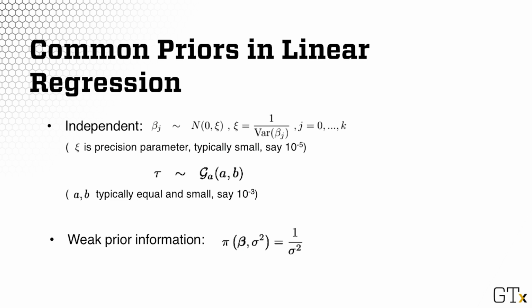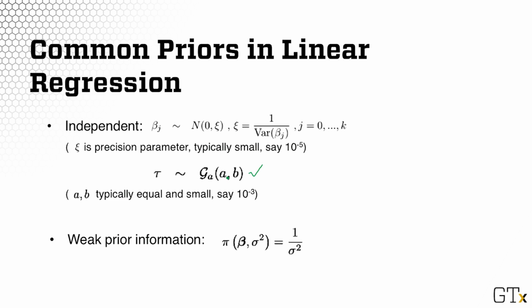One way to put priors is simply to take independent priors on all betas, beta 0, beta 1, up to beta k, p of those, and simply have these precisions be really small. And tau, which is the precision parameter of the observation, is usually taken to be gamma with non-informative selection of A and B. So this is the traditional way to do it: independent normal priors on betas and a gamma prior on the precision.